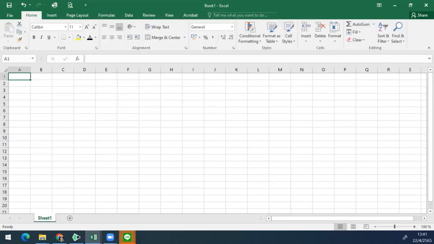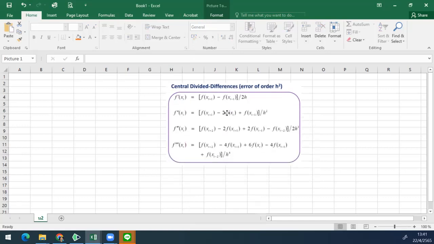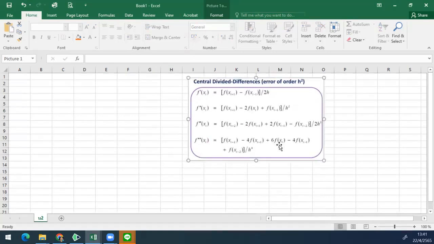So this is problem number 2. For problem number 2, we may have to use the central difference formula. The central difference formula is something like this, with a truncation error of order h squared.